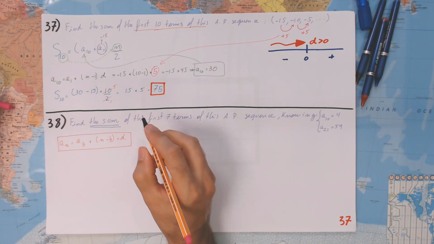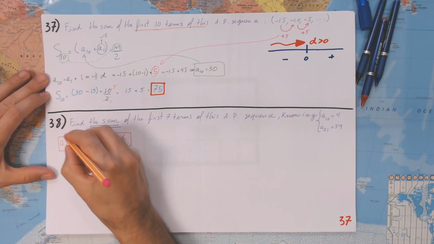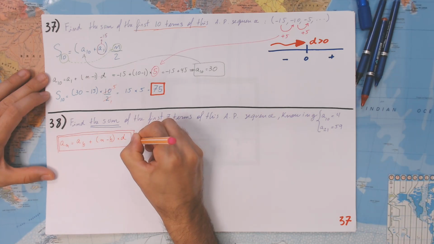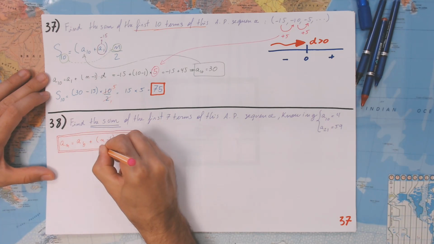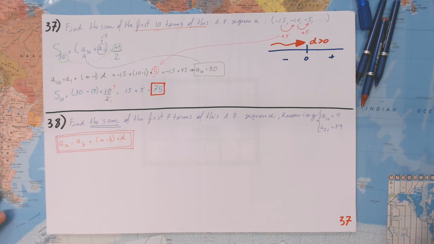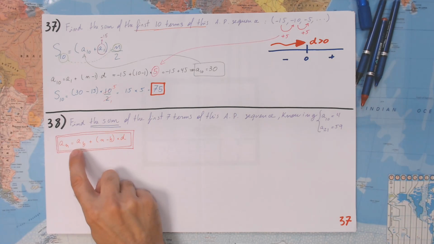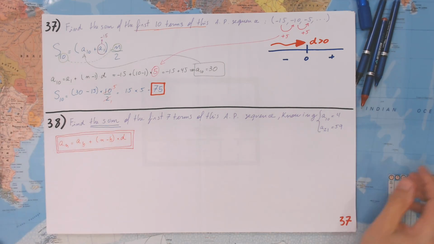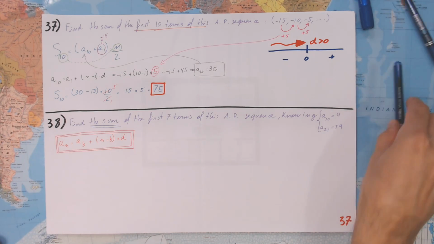Usually they write this formula with just b being 1, so A_n is A1 plus n minus 1 times d. But I prefer to use this general formula because it's much more useful in my opinion. It's up to you. I prefer to present always this one.